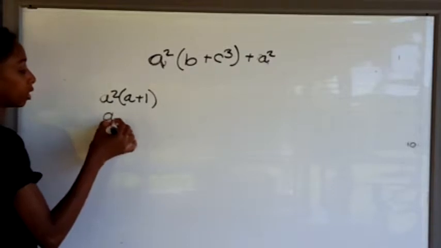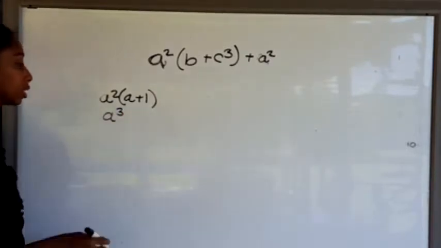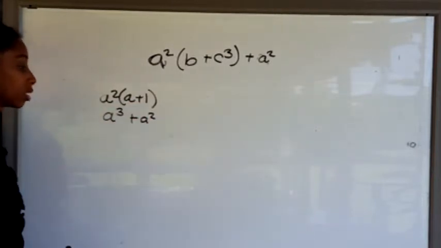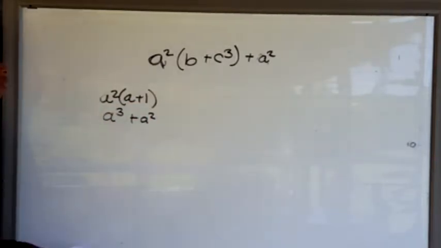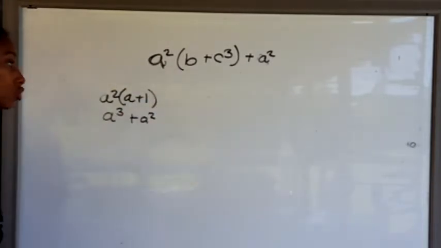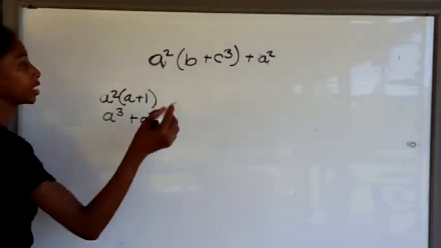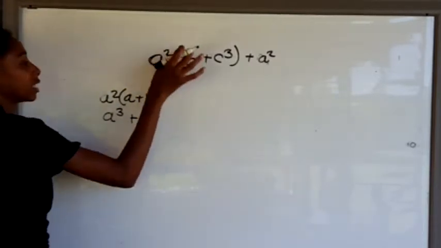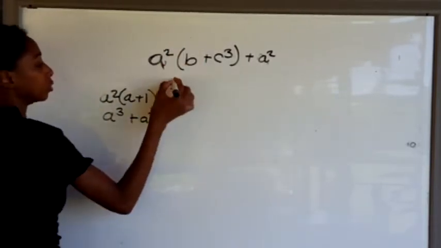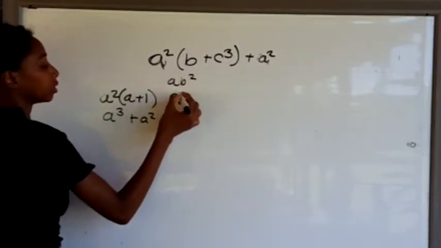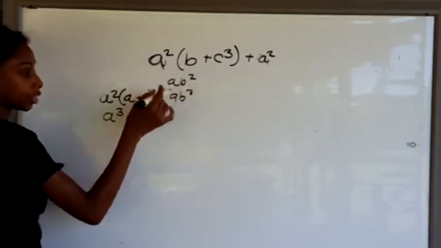So it would be a cubed plus a squared, because a squared times 1 is a squared. Anything times 1 is itself. But that's not the same thing in this situation. If we have a squared times b, we're not going to just add the exponents or do ab squared or ab cubed. That's incorrect.